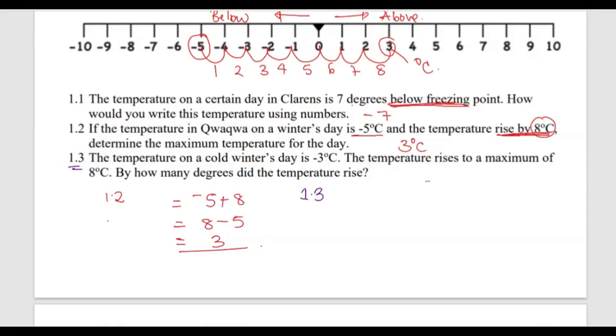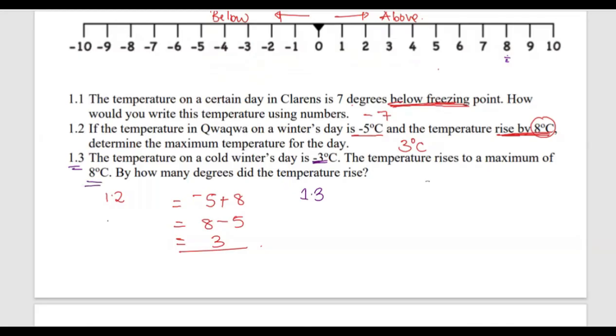So it's at 8 here as the final answer. So it has to go up from -3. So what we're going to do, we are finding out. They have not told us by how many degrees it has risen, but they've told us the final answer. Take note of that.